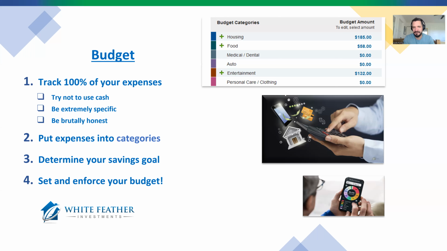Be extremely specific about your expenses. Don't just put groceries $500. Well, no, your groceries weren't $500. Were they $467 or were they $587? That makes a big difference because if you're missing that $87 every month, then it compounds over time, especially if you're missing it in a lot of different areas. So be extremely specific.